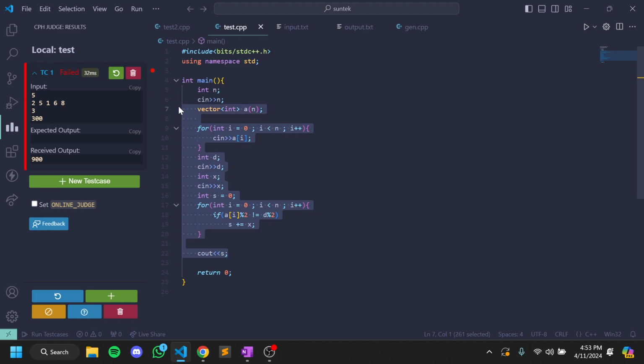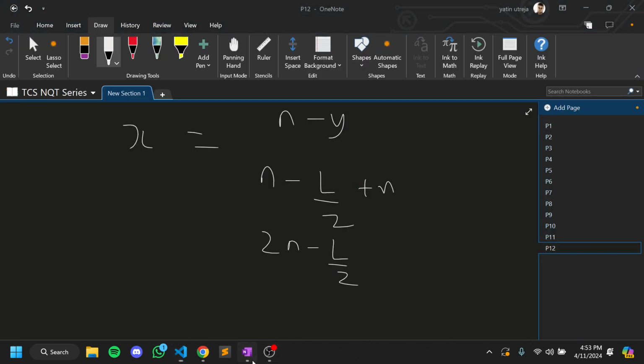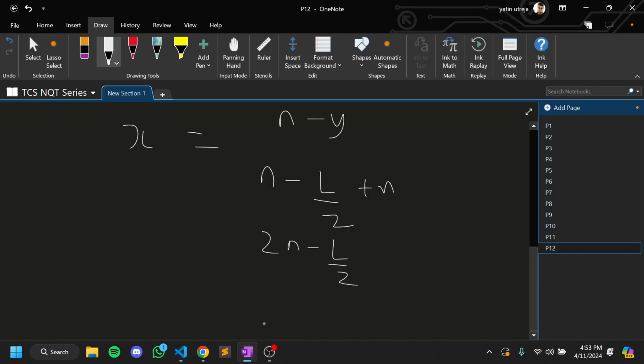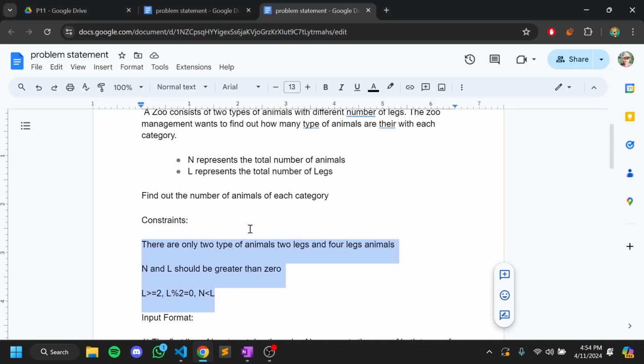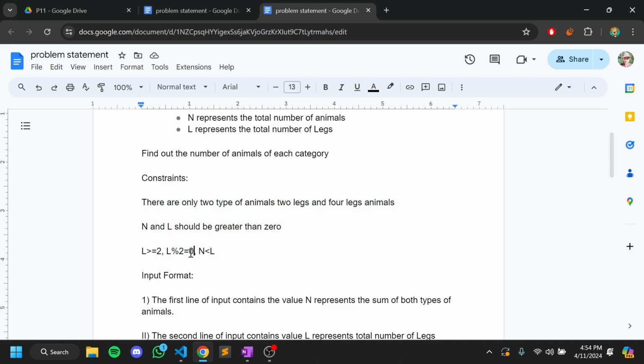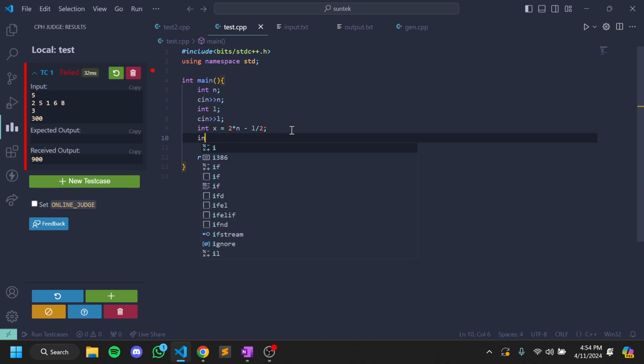Let's take up the input n and L. x, as we found out, is 2n minus L over 2. Also, we have been given the constraint that L mod 2 is 0, meaning L is divisible by 2, so this must not be a problem.